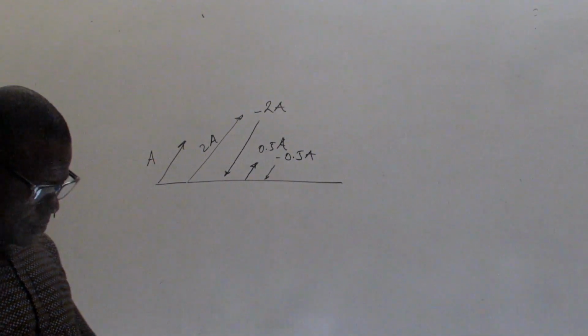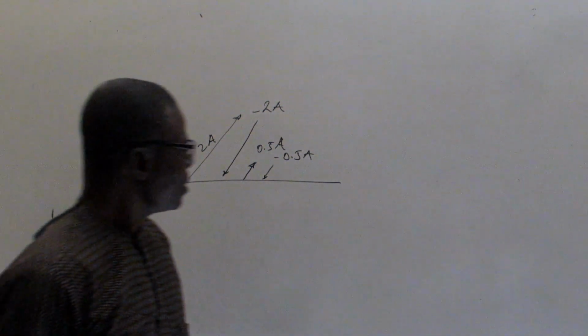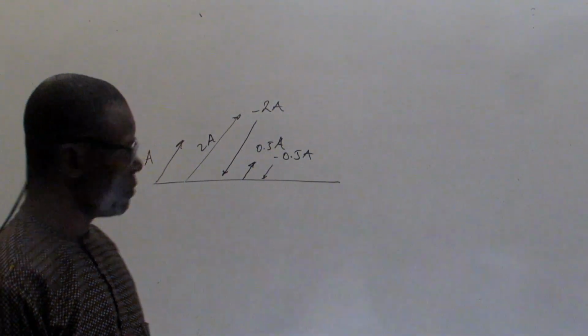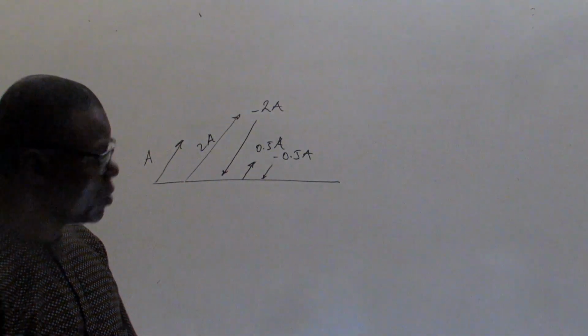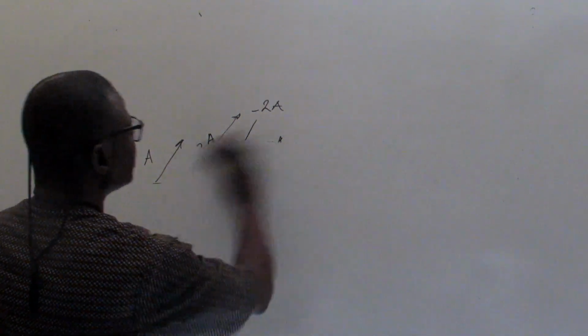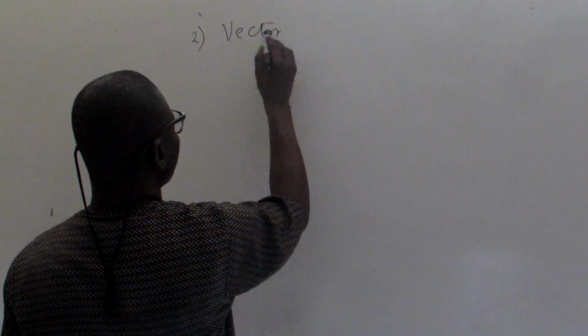So you either multiply a vector by a large number or a small number. So this is one of the ways of operating vectors. The second one, let's look at vector addition. Number 2, vector addition.